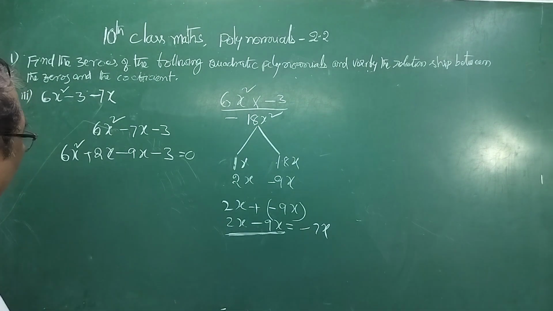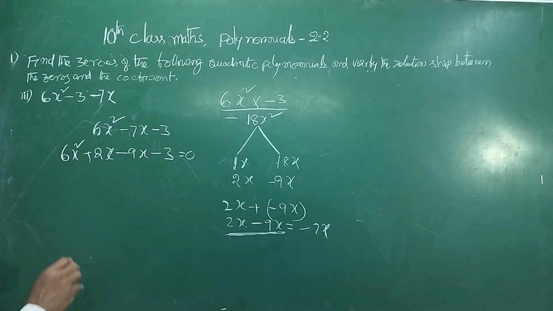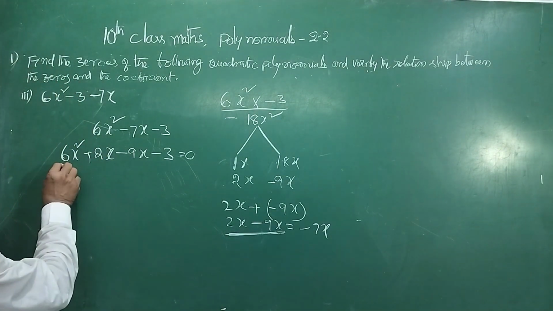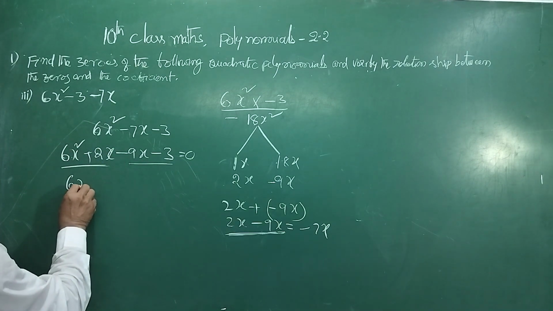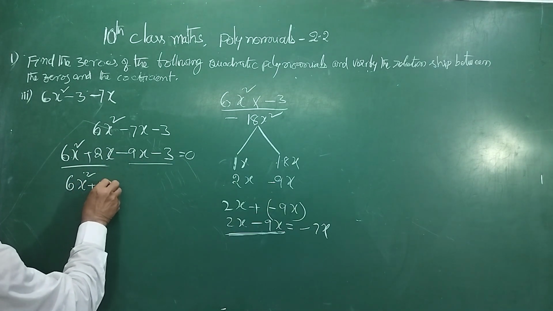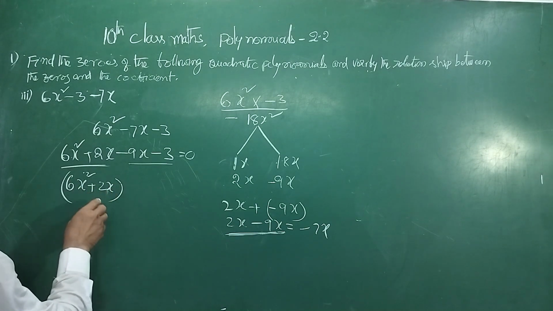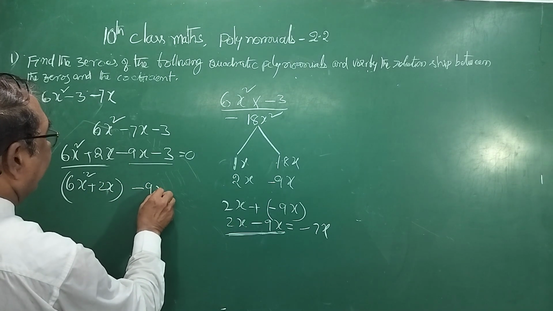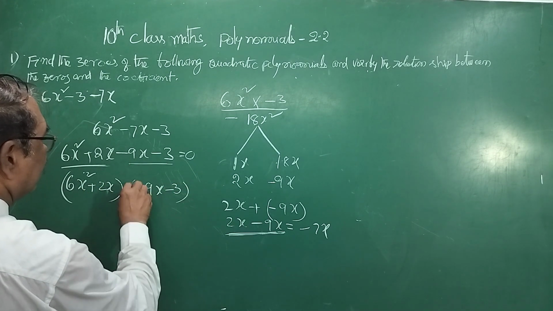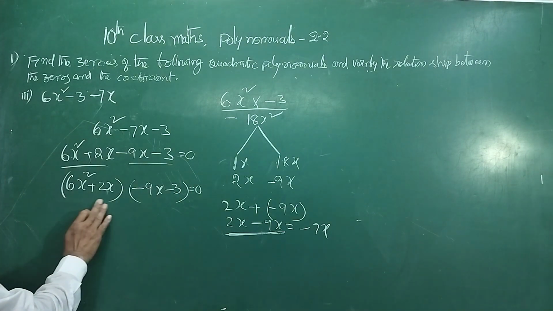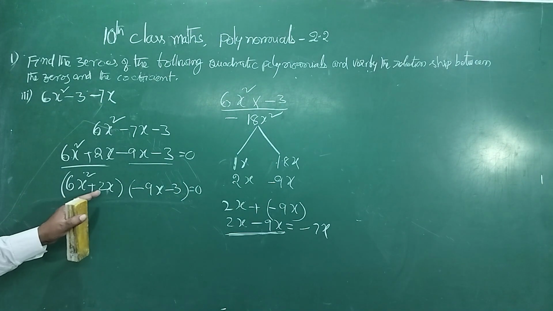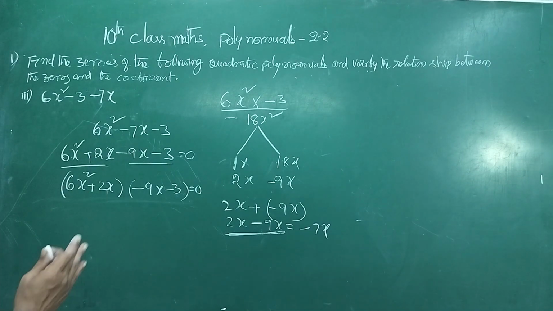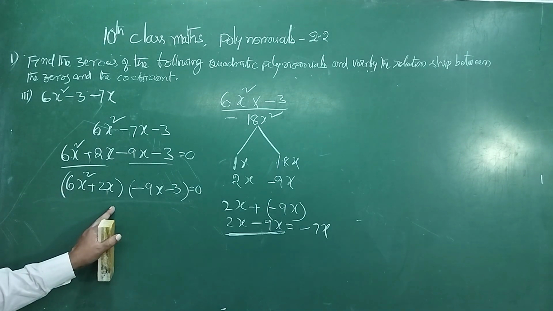Alright. Now let us group it into two groups. One group is 6x square plus 2x, and the other group is minus 9x minus 3, is equal to 0. Yes, we can take out the common factors here.